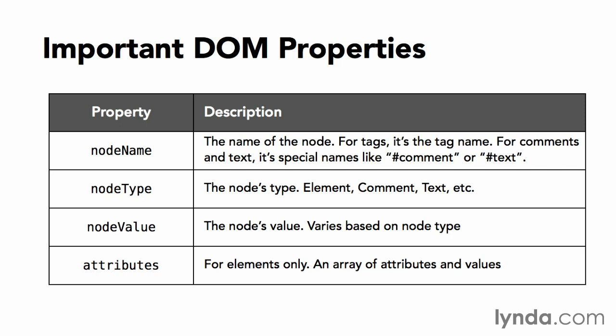It's a numerical value that represents what kind of node it is. There are numerical constants for things like elements, comments, text, and so on. The node value property is the value of the node, and this varies based on the node type, but for example, the node value of a text node would be the text content. And then there's the attributes property, which is only valid for elements, and it's an array of the attributes and their values that appear on the tag.